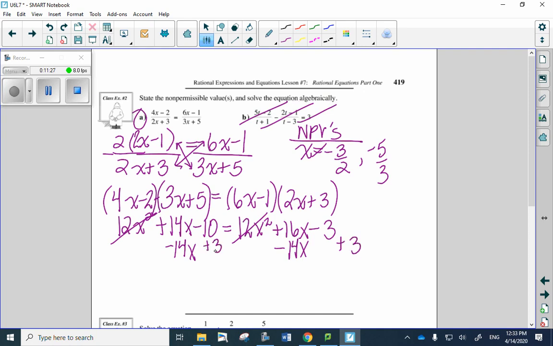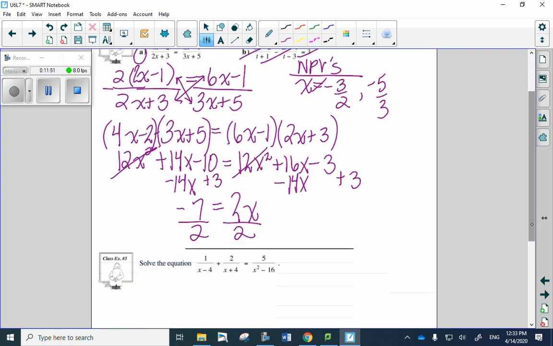So negative 10 plus 3 is simply negative 7 equals, and 16x minus 14x is just 2x. And then to solve for x, all I have to do is divide both sides by 2. Can I divide negative 7 by 2? I can't. So I would just keep my answer as x equals negative 7 over 2.